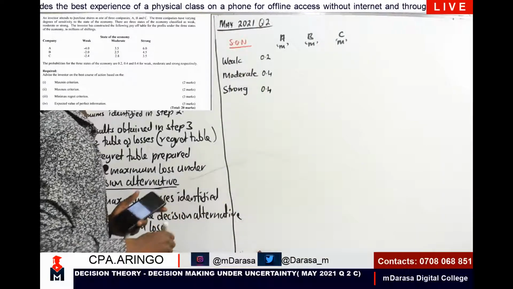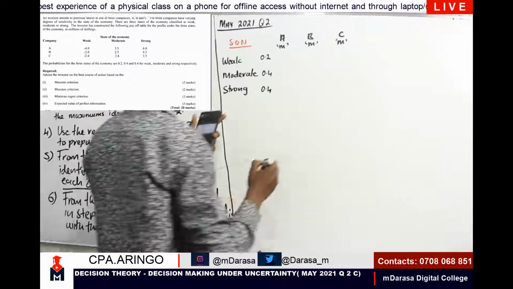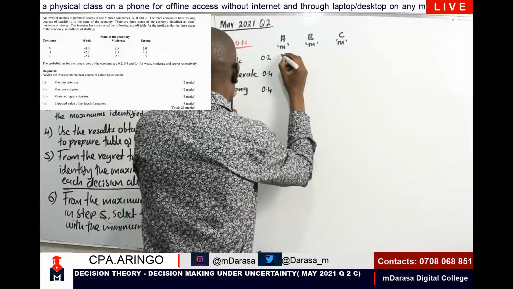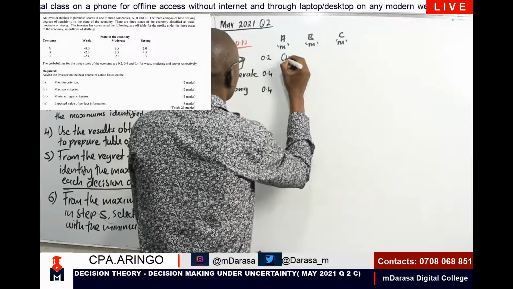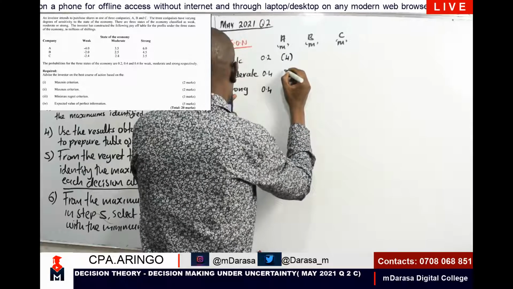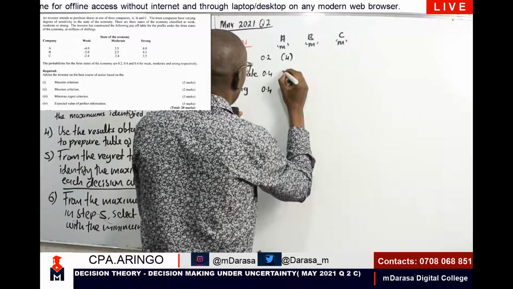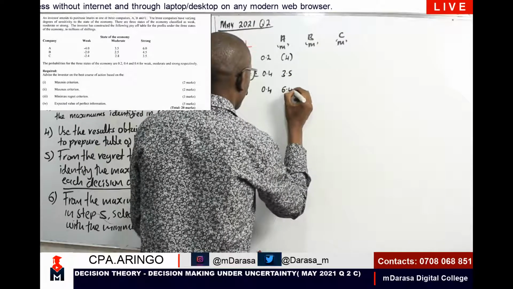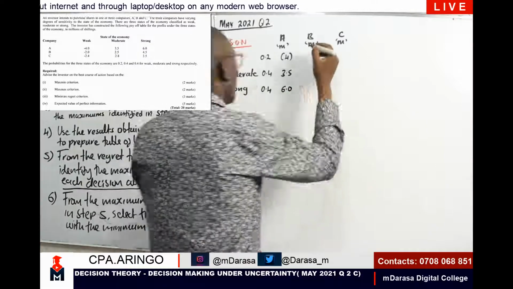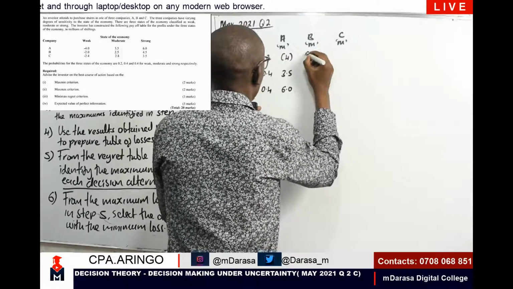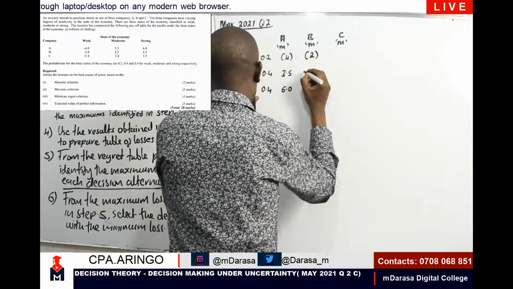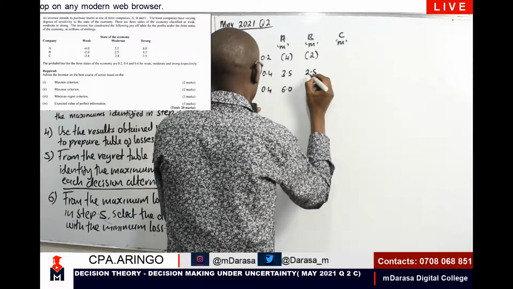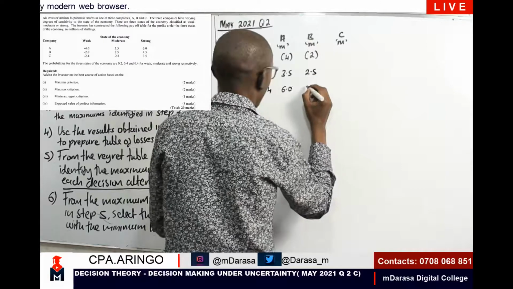A, in terms of profits, when the state of nature is weak, we have -4; moderate, we have 3.5; and strong, we have 6. For B, we have a loss of 2.5, and then we have 4.5.